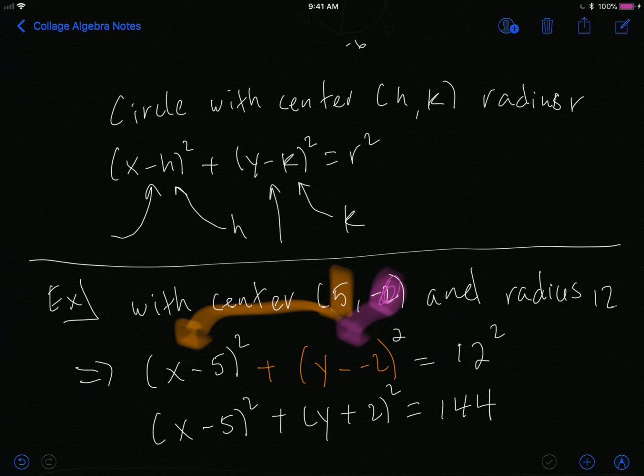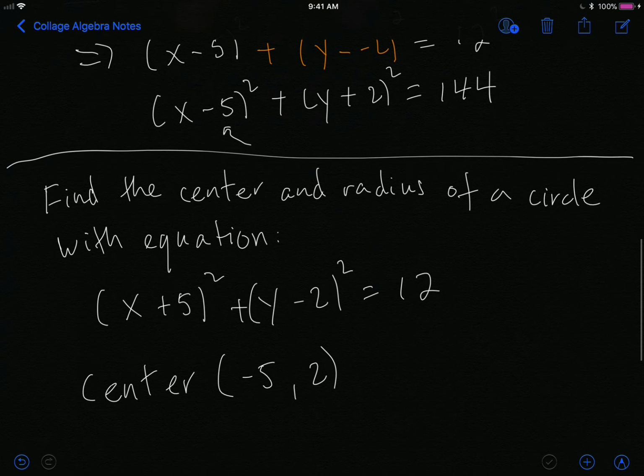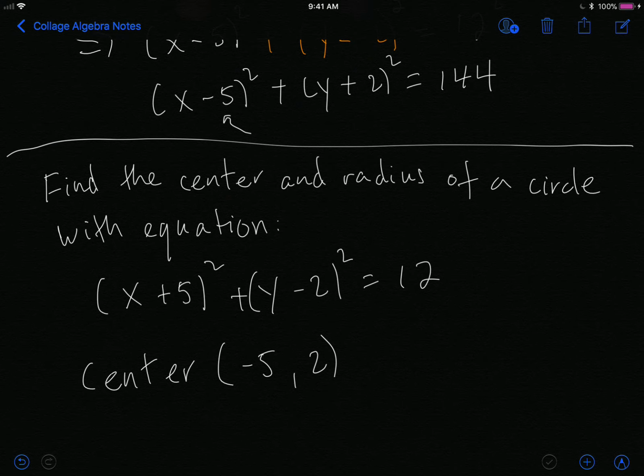So if you're taking the opposite of something, when you plug it in, the sign will change. And so a helpful tip is to remember that the signs always change. So x plus 5 squared means my center is at negative 5 comma 2.